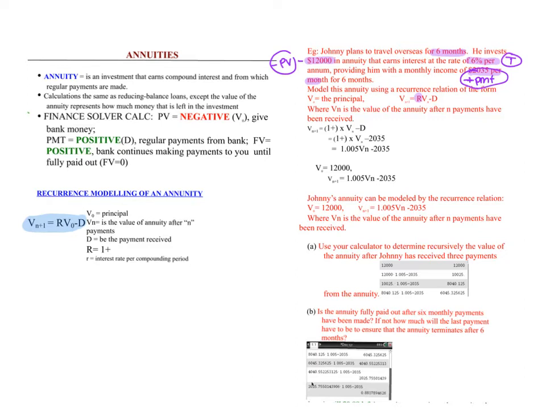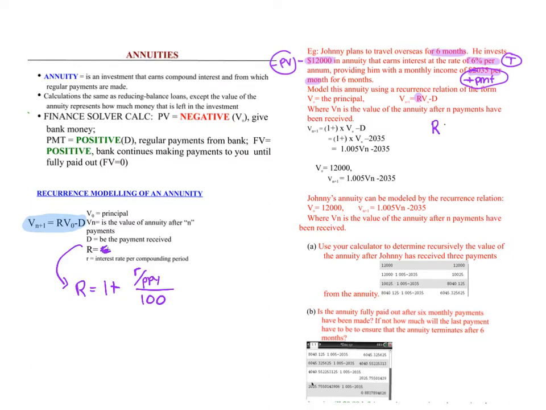So over here on the other side where it says 1 plus, R is going to equal 1 plus the rate divided by PPY over 100.